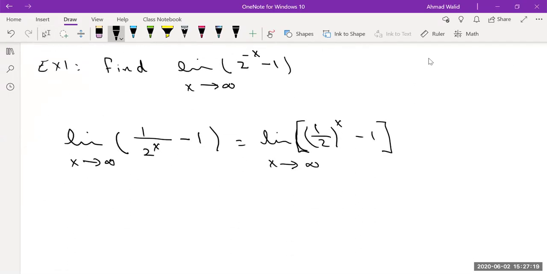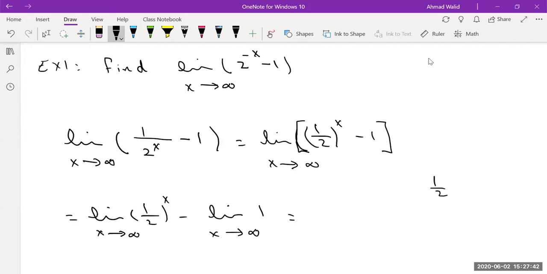Now, separate the limits. You can write the limit of (1/2) to the power of x as x approaching infinity, minus the limit of 1 as x approaching infinity. Limit of (1/2) to the power of x. You see, 1/2 is less than 1 and greater than 0, and x is approaching infinity.